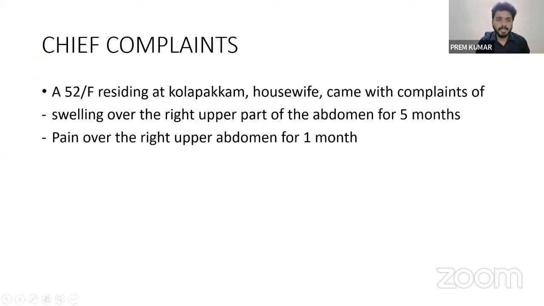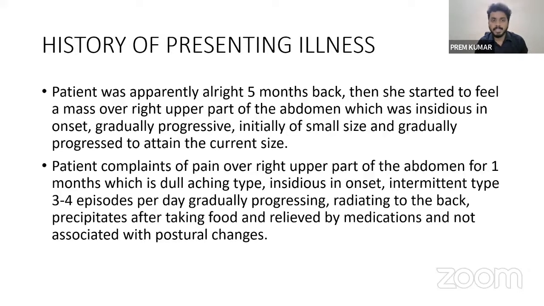and pain over the right upper abdomen for 1 month. History of presenting illness: patient was apparently well 5 months back. Then she started to feel a mass over the right upper part of the abdomen, which was insidious in onset, gradually progressive. Initially it was of smaller size and gradually progressed to attain the current size.